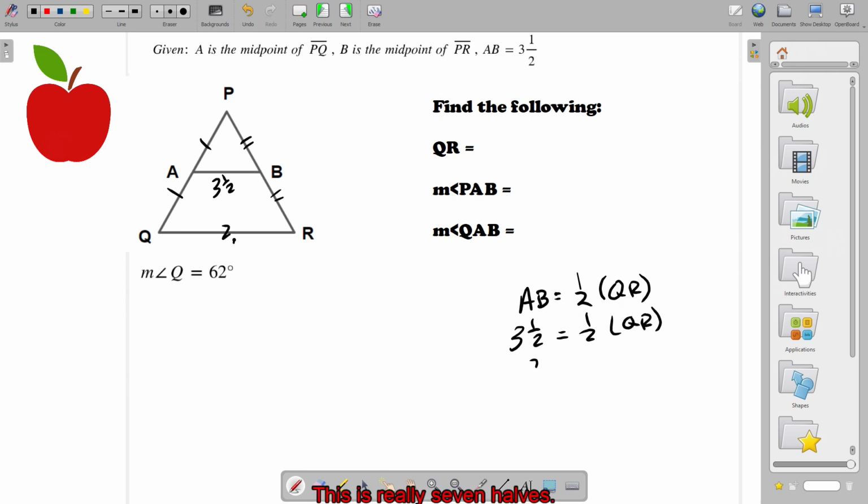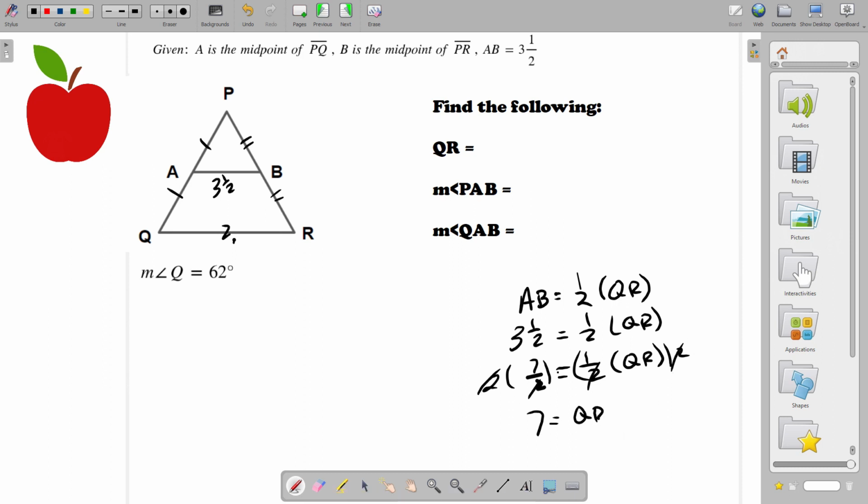This is really 7 halves. Get rid of the fractions. We multiply both sides by 2. The 2's divide out. Here, these 2's divide out. QR is 7.